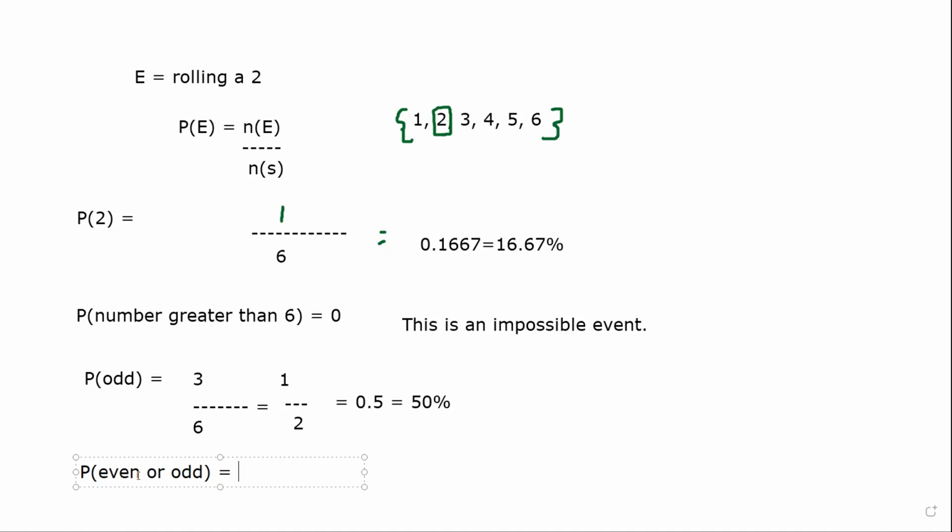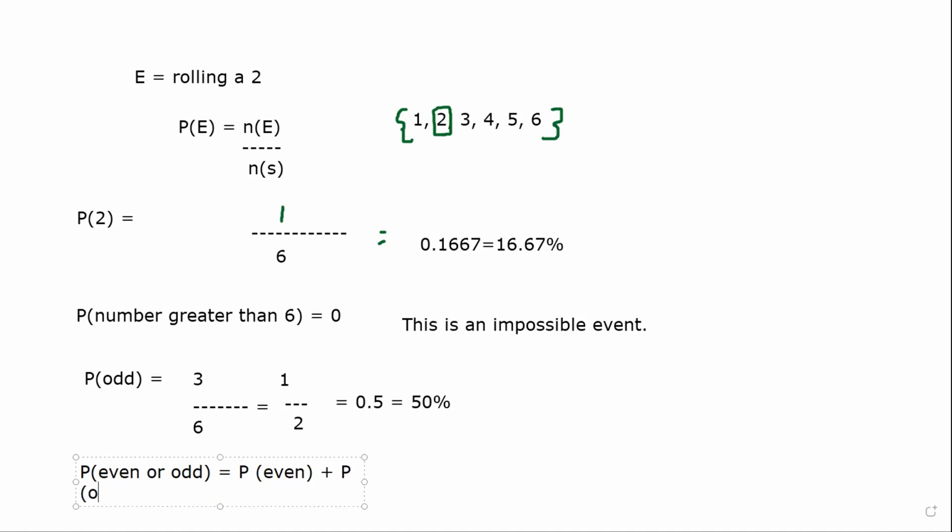Now, what you're going to see in the next section, you don't have to do it here, but you can break this apart if you want so you can see it better. When you have an or, you're doing addition. So here you have the probability of being even plus the probability of being odd.